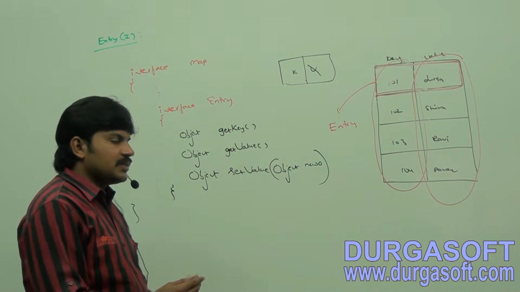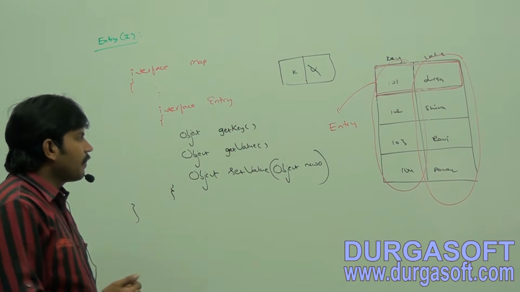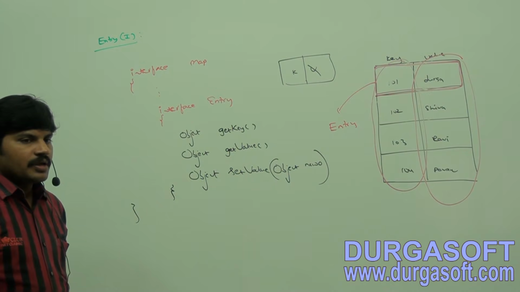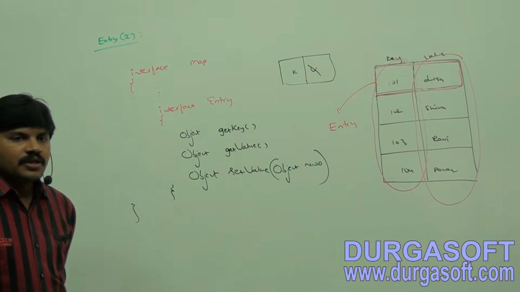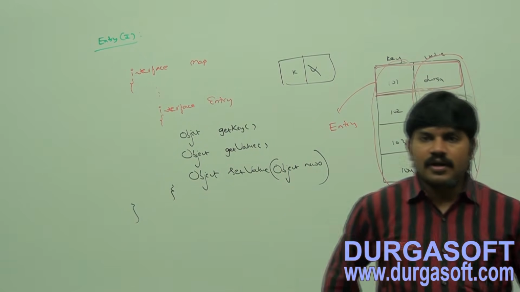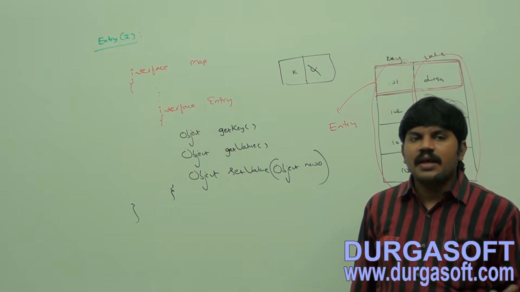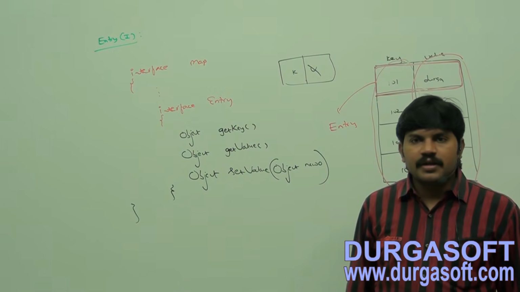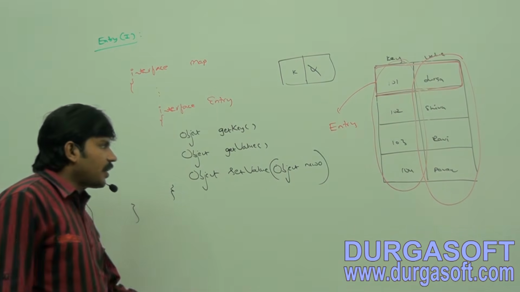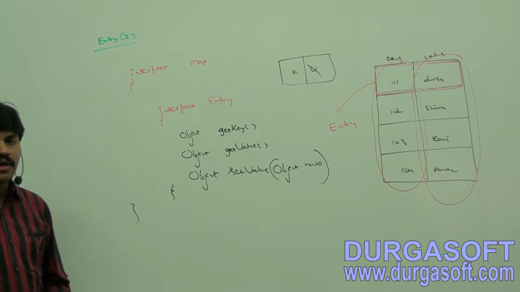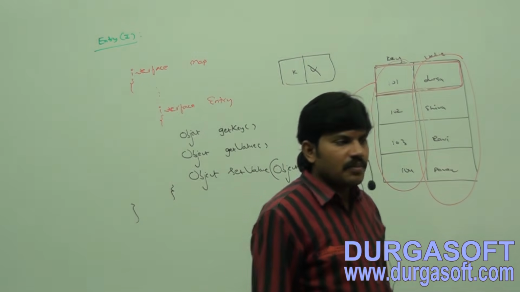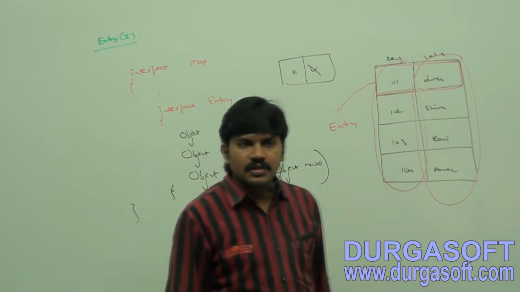Hence, the Entry interface is defined inside the Map interface. That's all. Completed, right?